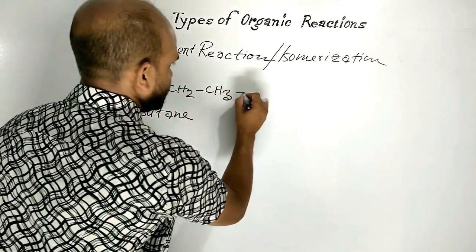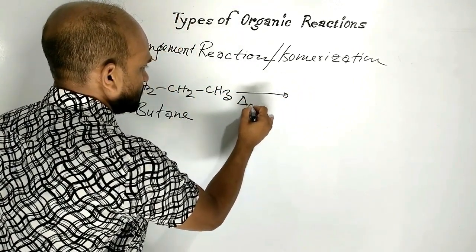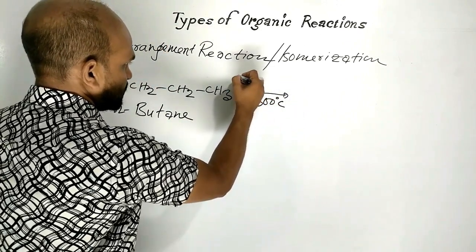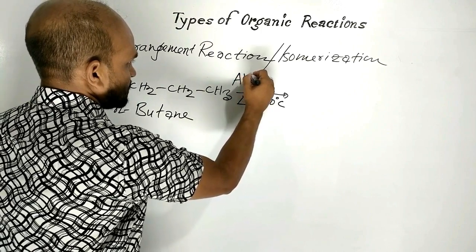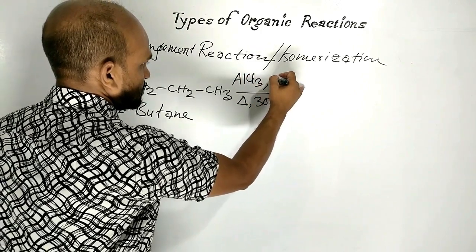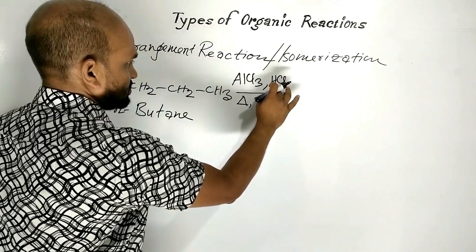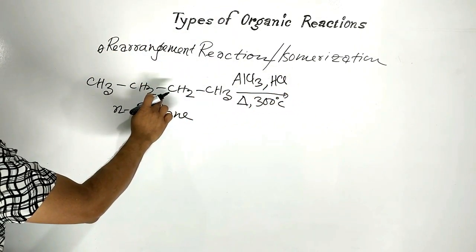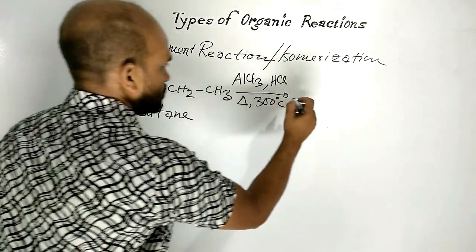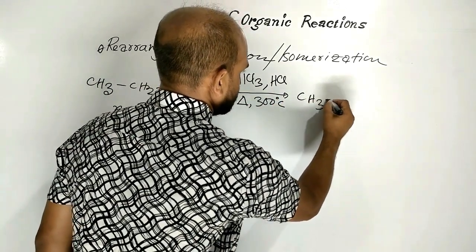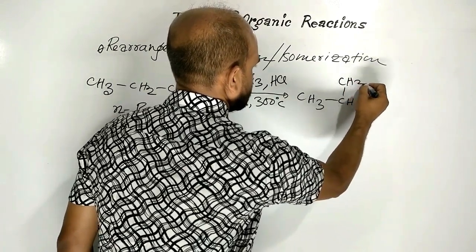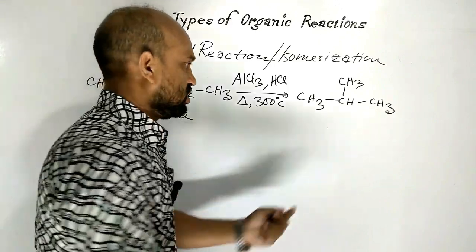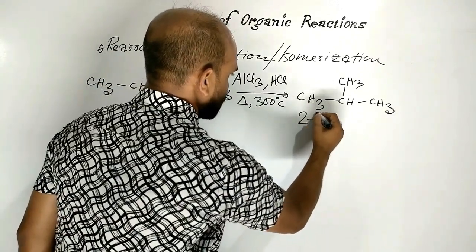When n-butane is heated at 300 degrees Celsius in presence of anhydrous aluminum chloride and dry hydrogen chloride gas, then in butane rearrangement occurs among the atoms to form this compound, isobutane or 2-methylpropane.